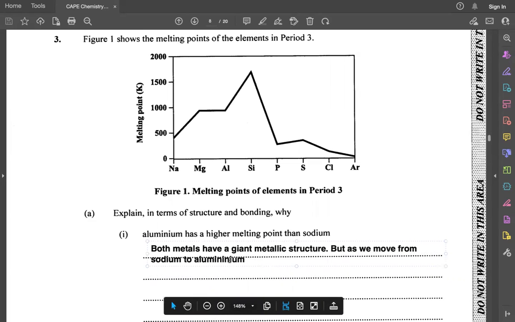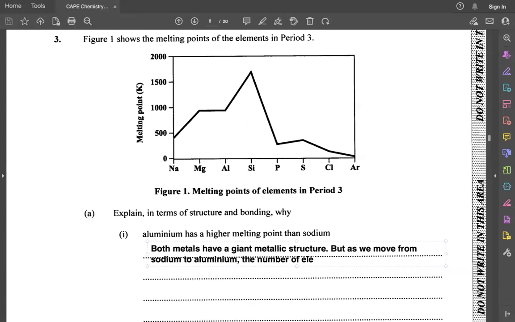As we move from sodium to aluminum, right, what we see is that the number of electrons that get donated to the sea of delocalized electrons increase, right? Because now we have more electrons. So we have more electrons to contribute to that sea of delocalized electrons, right?